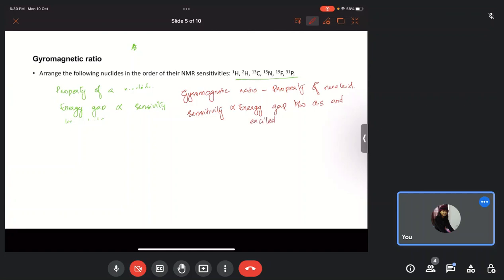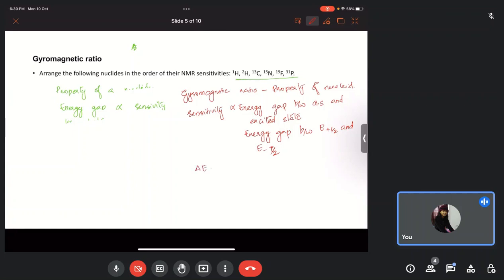In this particular case, it is the energy gap between E plus half and E minus half.